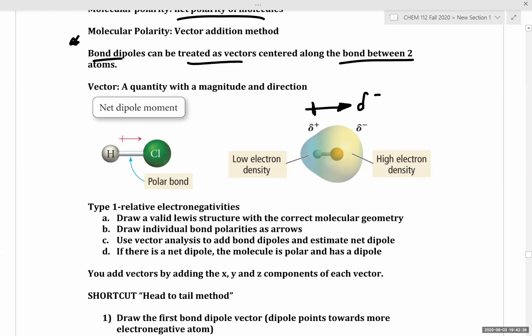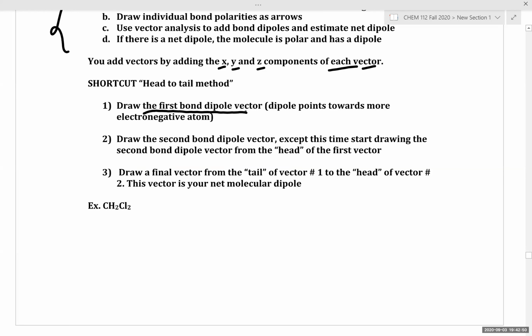The traditional way is you can add the x, y, and z components of each dipole vector together, but there's a better way, and it's called the head-to-tail method. The way that it works is you draw the first bond dipole vector, you draw the second bond dipole vector, except this time you start drawing your second bond dipole vector from the head of the first.